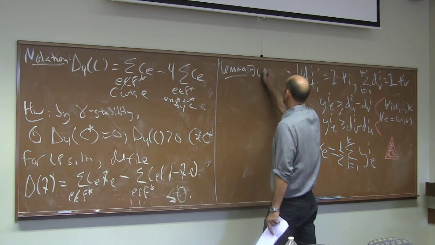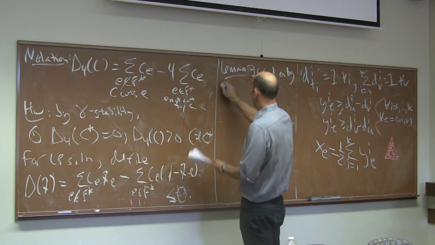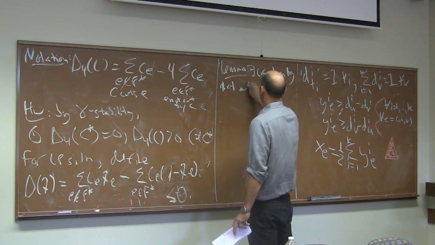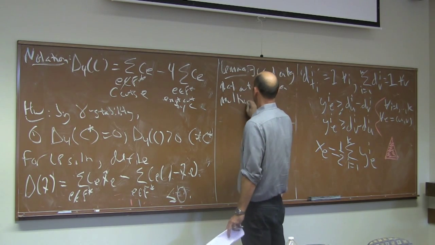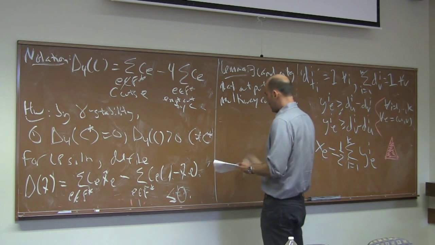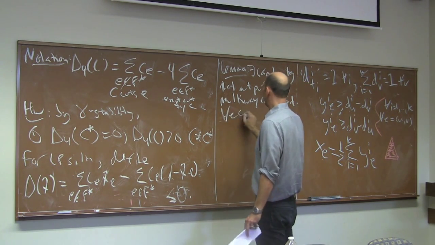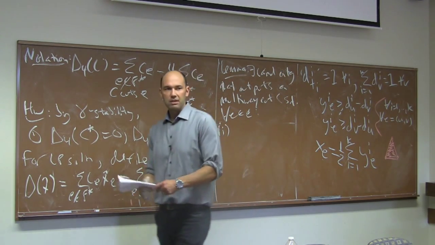So what's true is there exists a randomized algorithm that outputs, with probability 1, a feasible multi-way cut C, such that for all edges, two things are true. What was our old lemma?